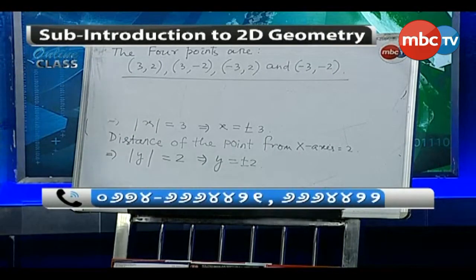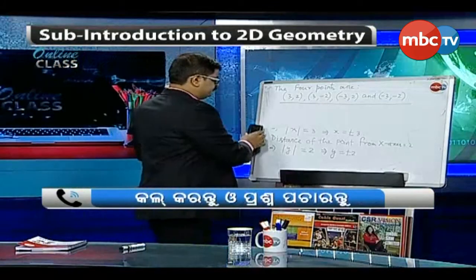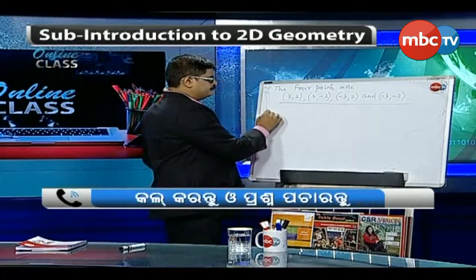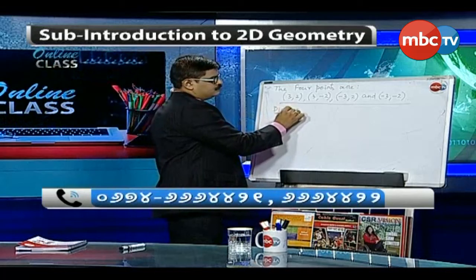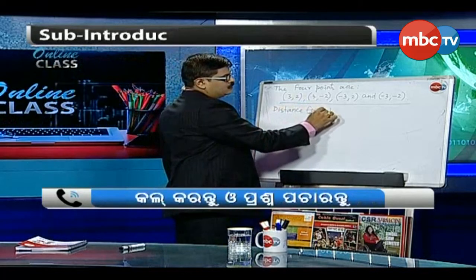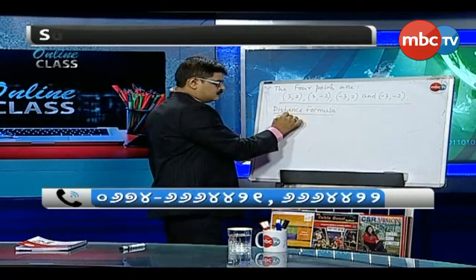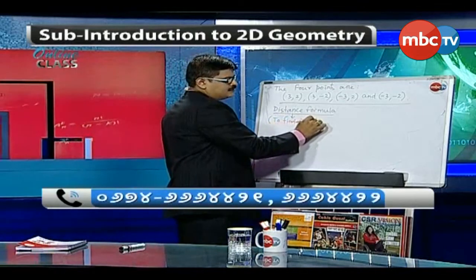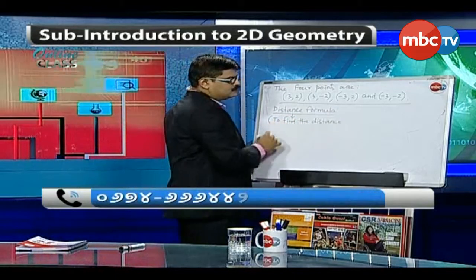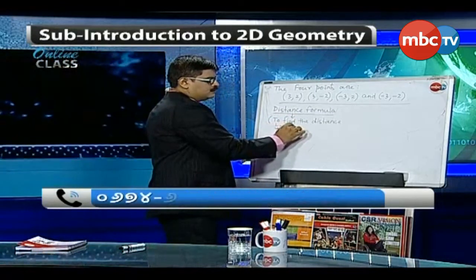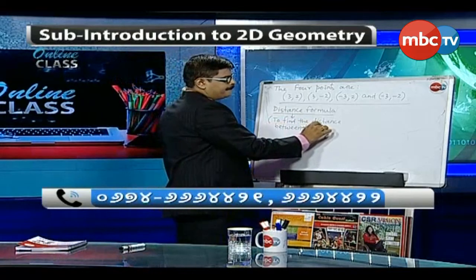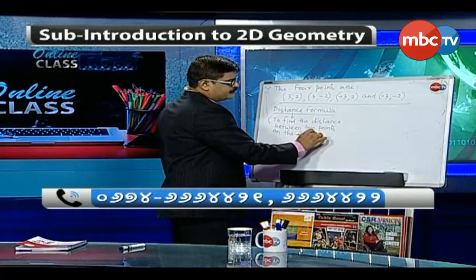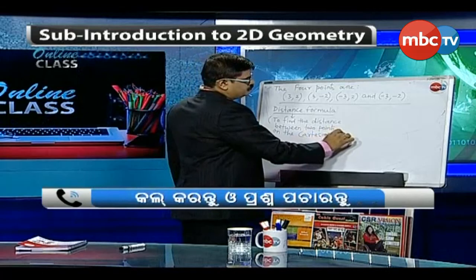Now let us move to an important formula called the distance formula. It is used to find the distance between 2 points on the Cartesian plane.